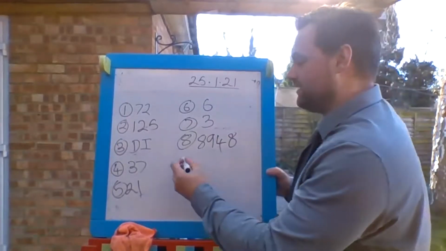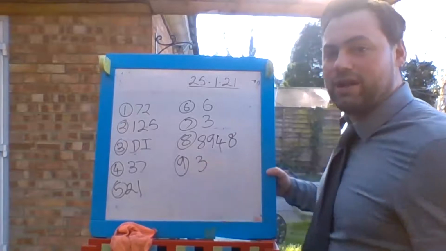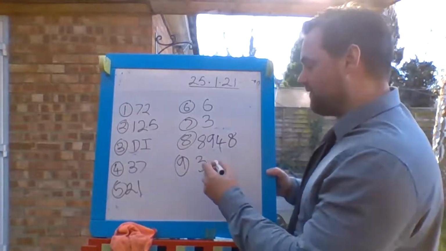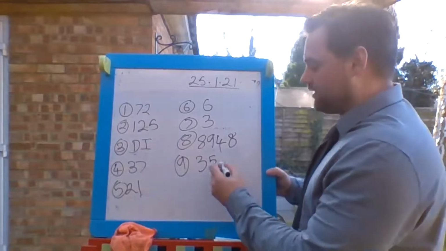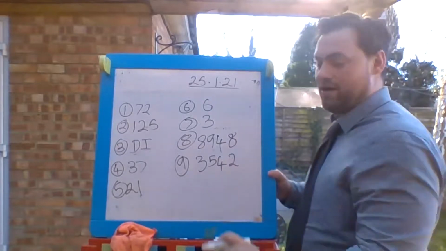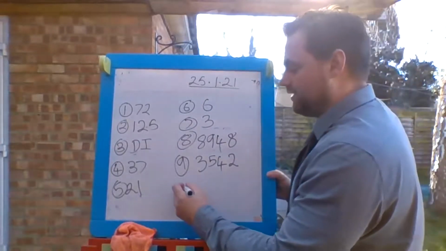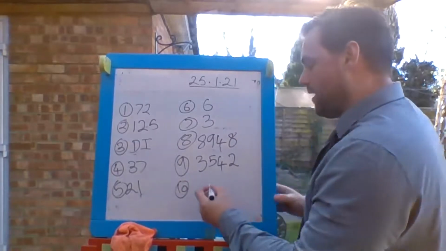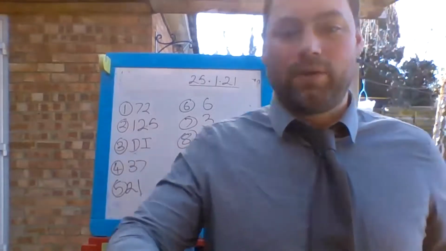And then the next question is taking away. 6,000 take away 3,000 is 3,000. 900 take away 400 is 500. 80 take away 40 is 40. And 4 take away 2 is 2. So our answer is 3,542. And the last question is 24 divided by 4, and that gives us 6. So well done if you got all of them questions correct.